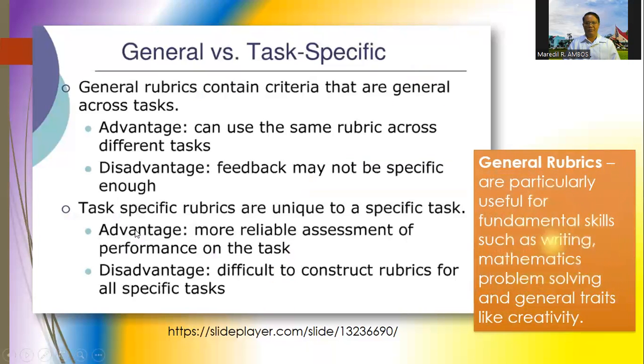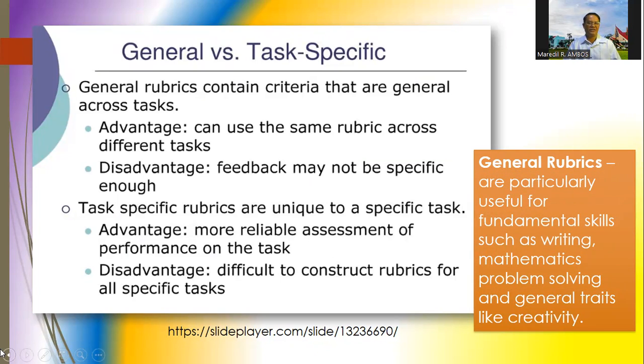Let's have another type of rubrics. We have the general rubrics and the task-specific rubric. When we say general rubrics, it contains criteria that are general across tasks. The advantage is that it can use the same rubric across different tasks.